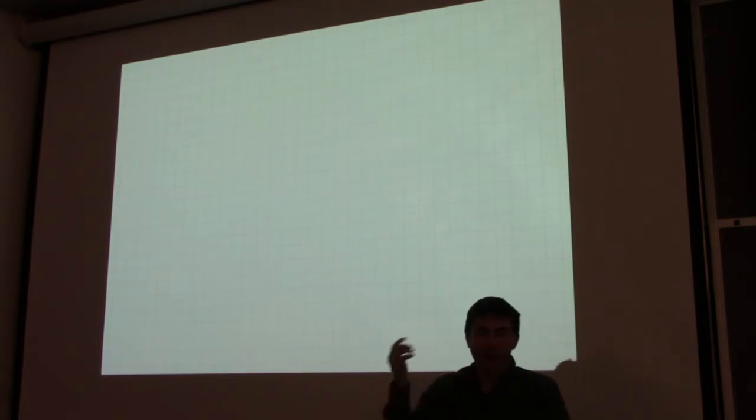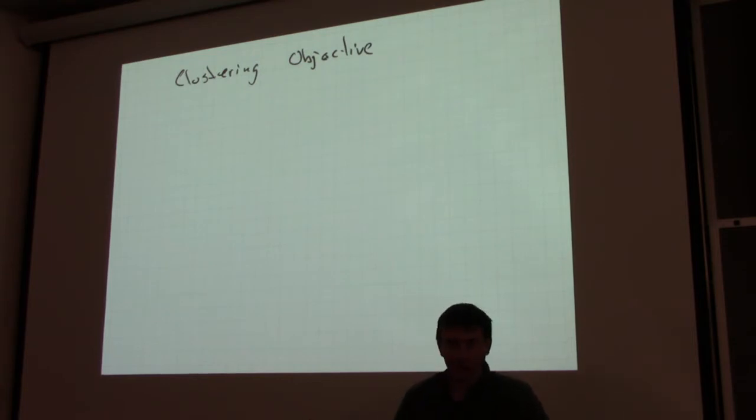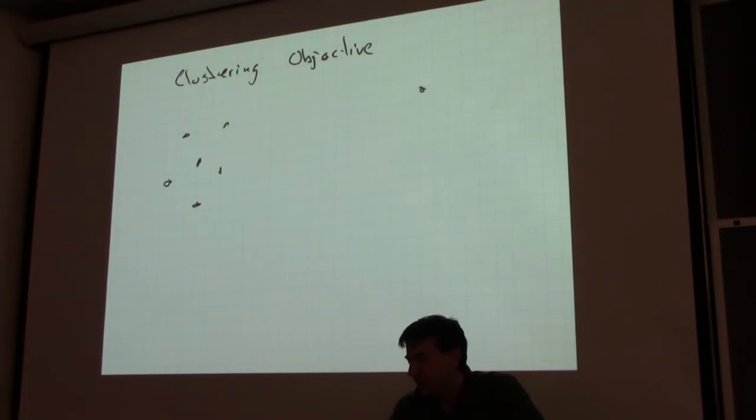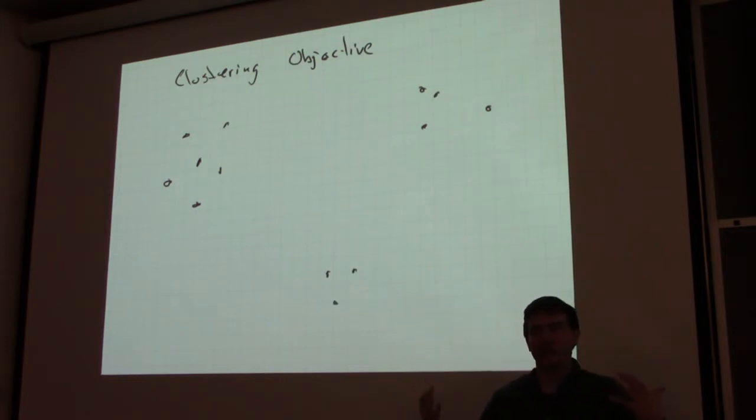At a high level, what is the objective of clustering? I want to think of having some set of points, and in the lectures I'm forced to draw them in 2D, and then we'll think of the natural distance we're given.